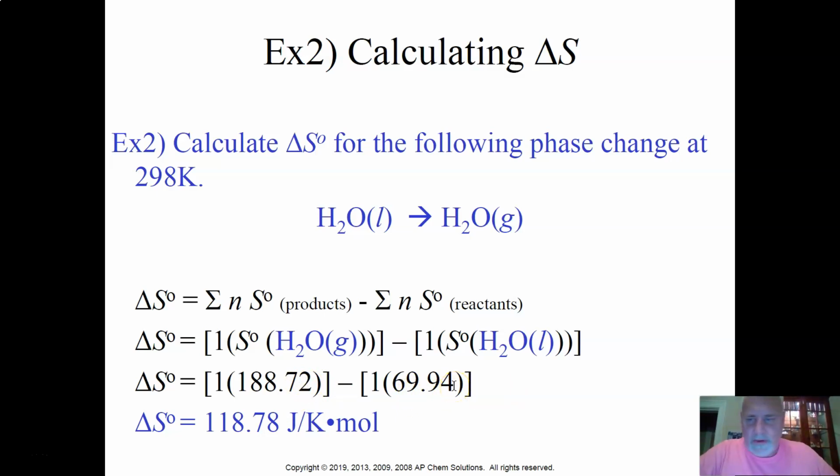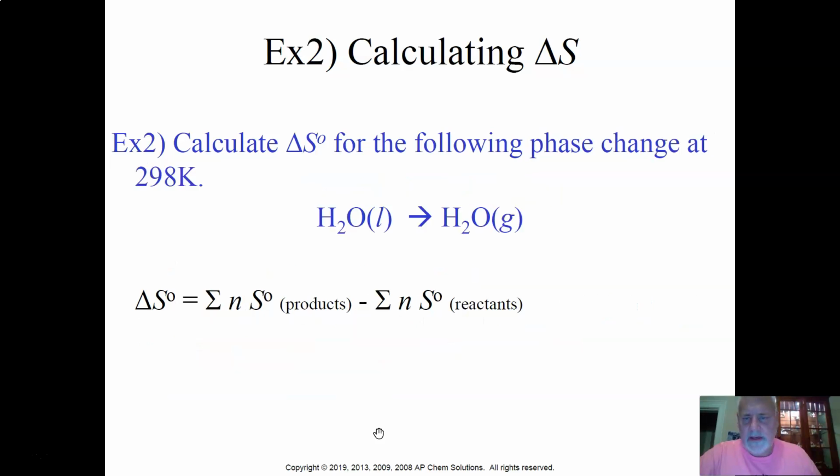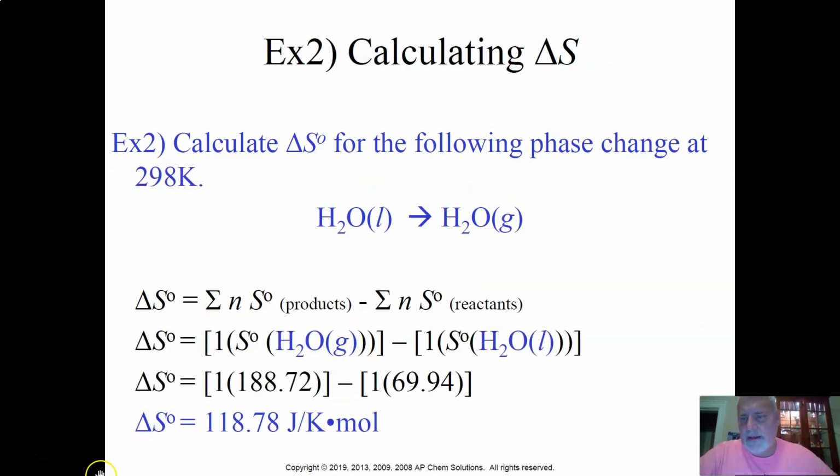We'll do some more of those problems on the next one. But then remember the final unit, joules per Kelvin mole. And make sure that you got that on the previous one too. I forgot to mention the unit. Joule per Kelvin times mole. All right, that's it.